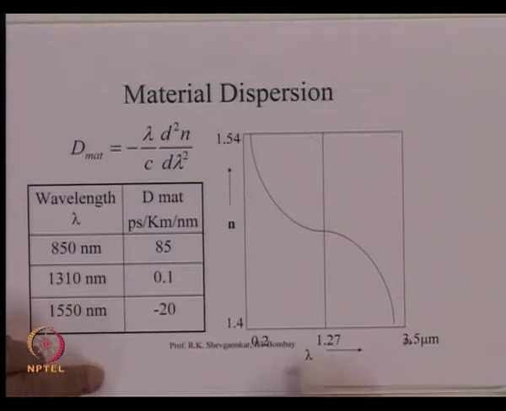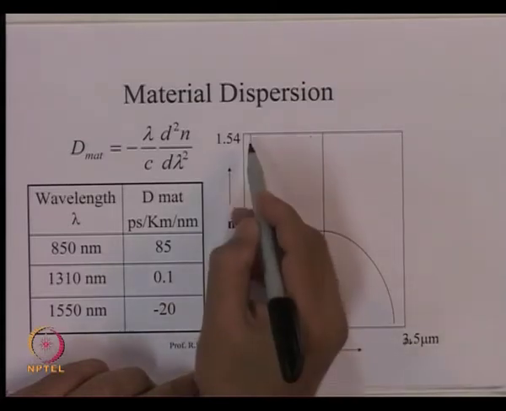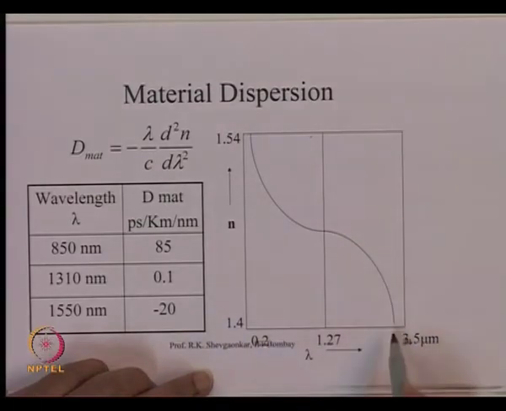So what we do is we take the material glass and plot its refractive index as a function of wavelength. So you see, if I vary the wavelength lambda from 0.2 micrometer, 200 nanometer, to about 3.5 micrometer, we get a refractive index variation which will be typically like that.